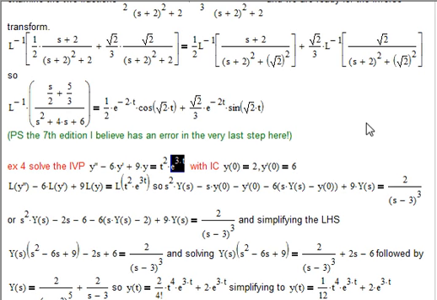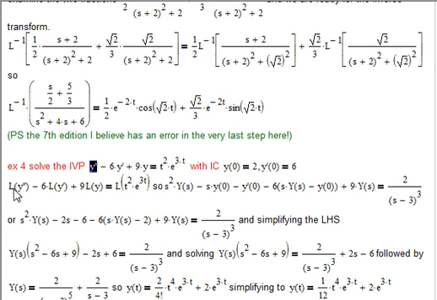Great. All right, that's what we're going to do. So, we have some initial conditions. You know, we need 2 initial conditions at 0 in order to find the Laplace transform of the second derivative.